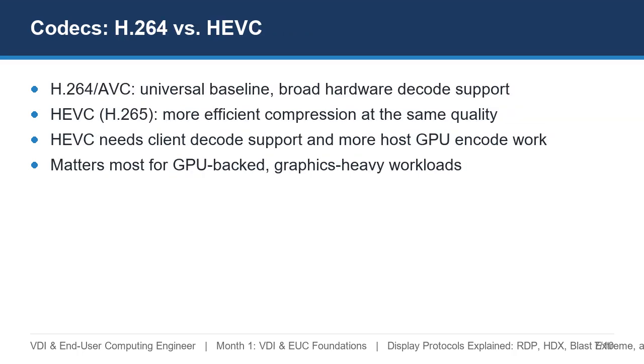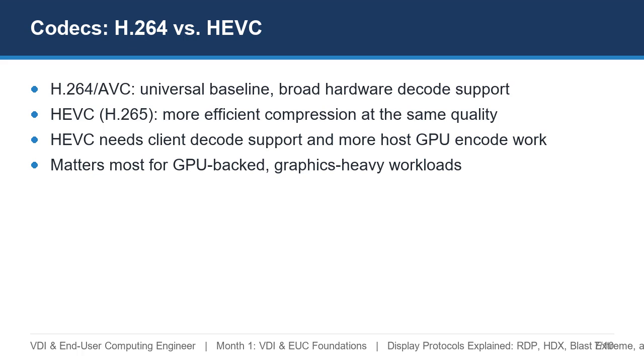All these protocols have to compress a constantly changing screen into a video-like stream, and codec choice affects both bandwidth and quality. H.264 is the universal baseline, broadly compatible and hardware decodable on nearly every client device.